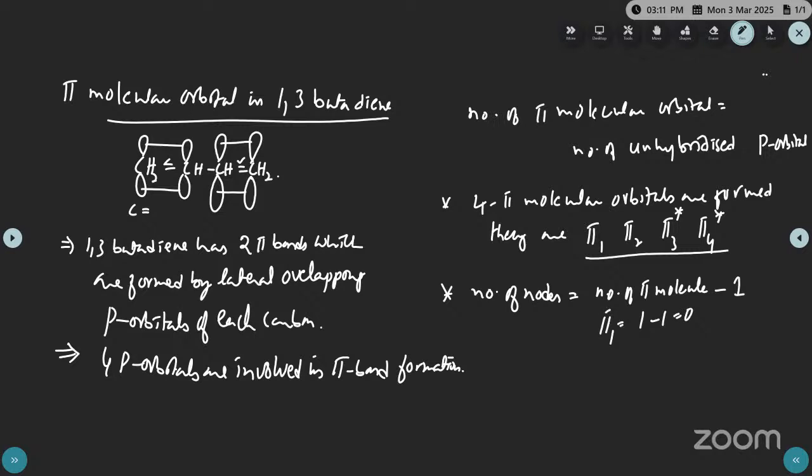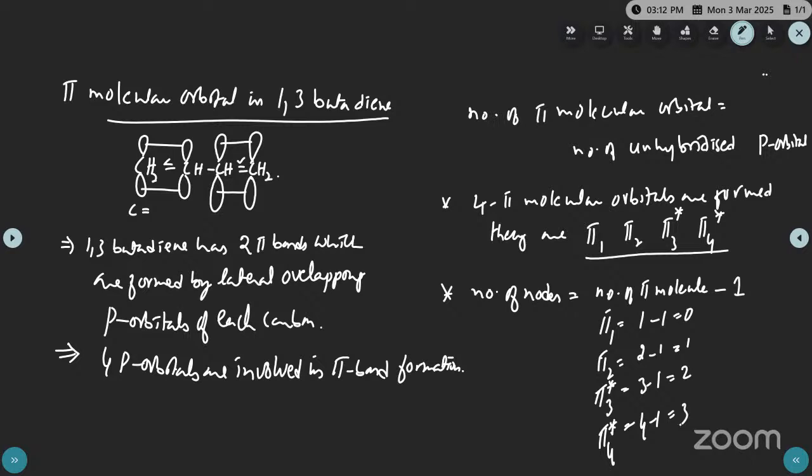For pi 2, 2 minus 1 is equal to 1. For pi 3 star, 3 minus 1 is 2. For pi 4 star, 4 minus 1 is 3.